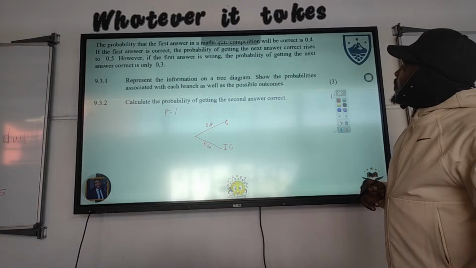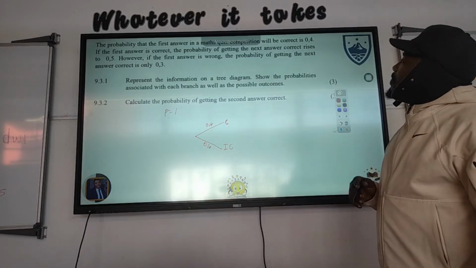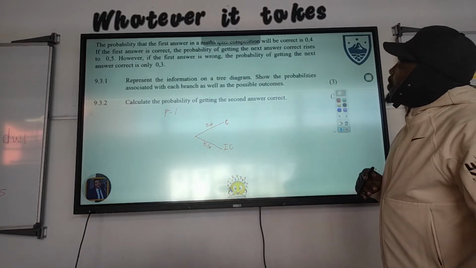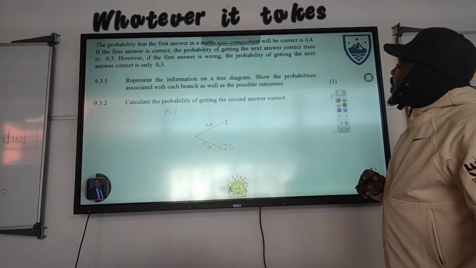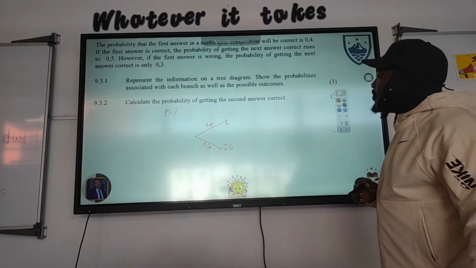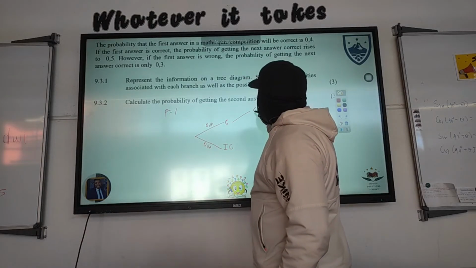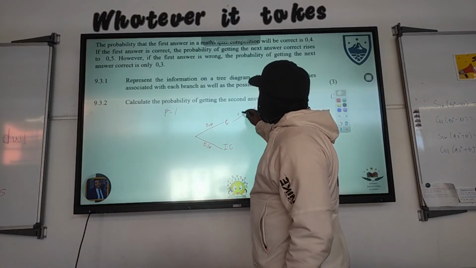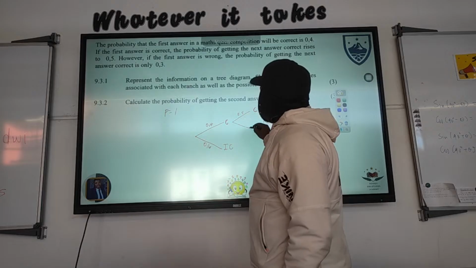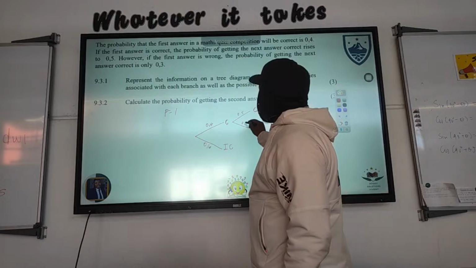And then it continues. If the first answer is correct, the probability of getting the next answer correct rises to 0.5. So it means the probability of getting an incorrect answer will also be 0.5.